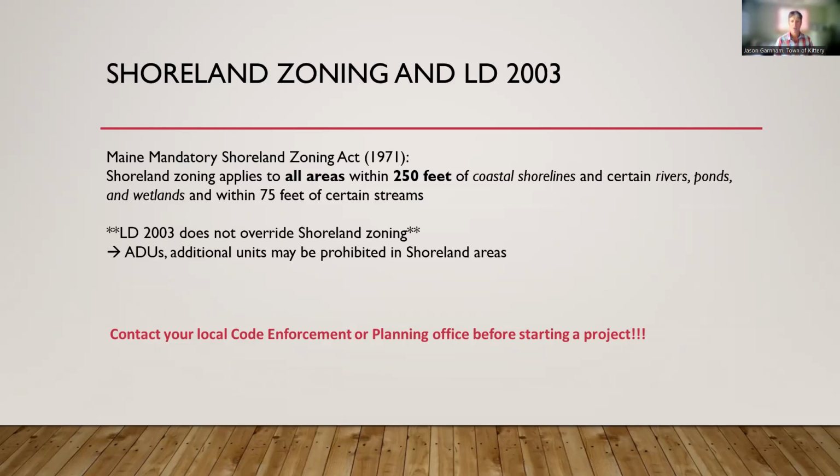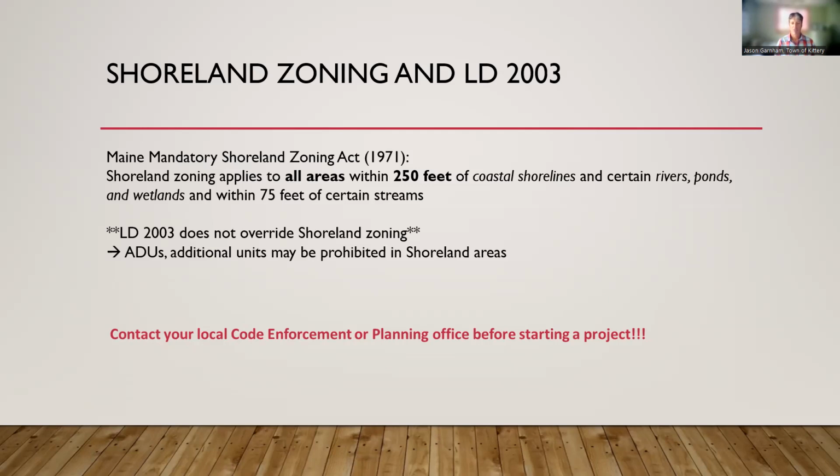Now, for those of you who are not familiar with this, the Maine legislature passed the Maine Mandatory Shoreland Zoning Act in 1971, and that basically created a required zoning, we call it an overlay. It mandated zoning rules that apply to all areas that are within a certain distance of certain types of water bodies.